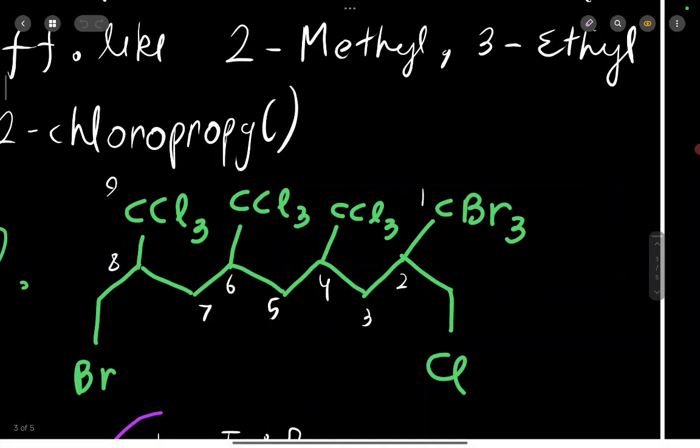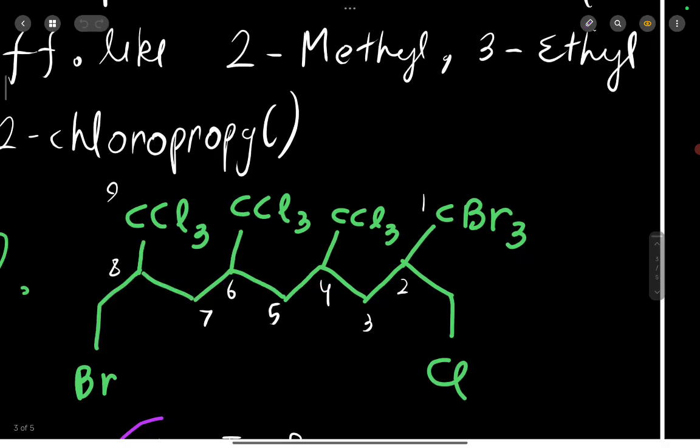So what happens is, first we identify the main chain. Well, the main chain will have 9 carbon atoms either way, whichever way I look at it, because either this I pick or maybe I pick this. But it's all having 9 carbon atoms. So which one do I pick? Well, you pick the one which has the maximum number of substituents.